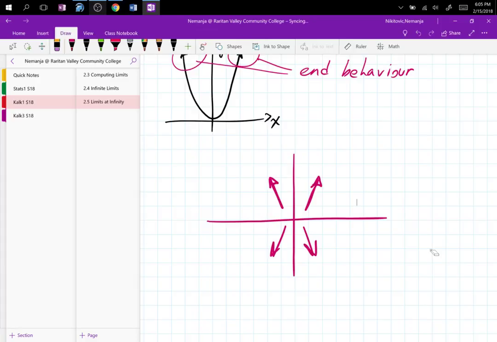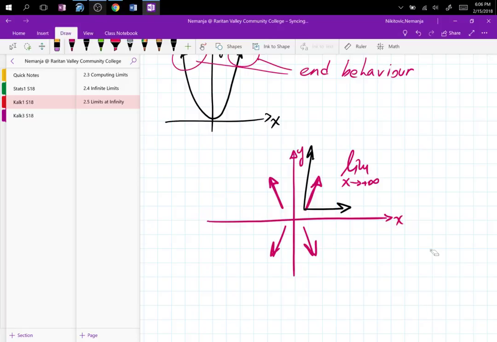And then there is a limit that explains mathematically each one of these. So this is your y-axis and this is your x-axis. For this one, in the upper right corner, quadrant 1, you have the limit as x approaches positive infinity, because this arrow can be decomposed into motion to the right forever and motion up forever.